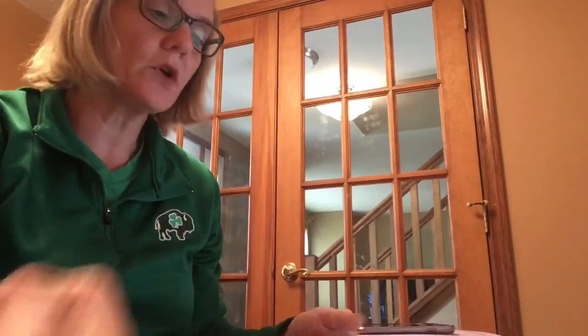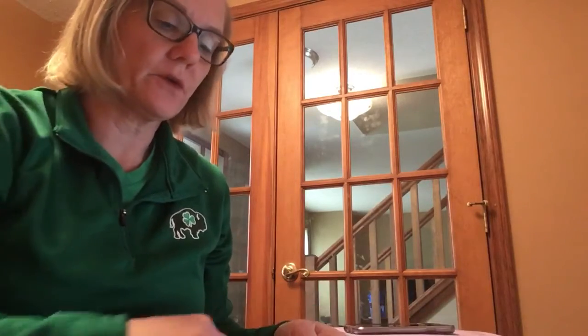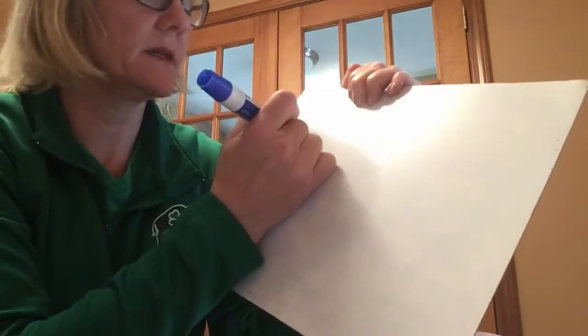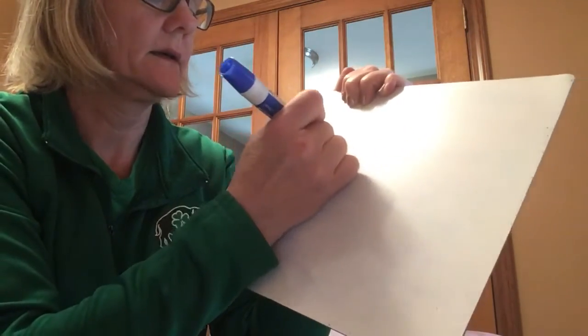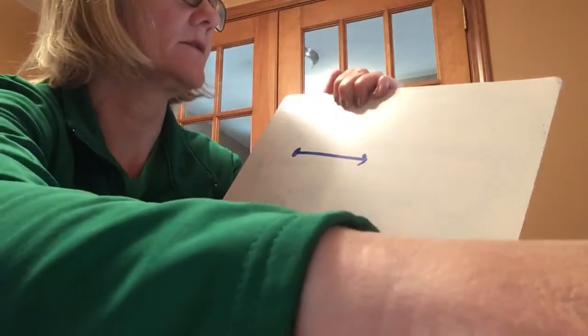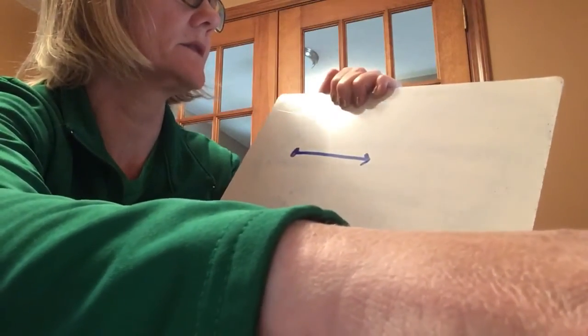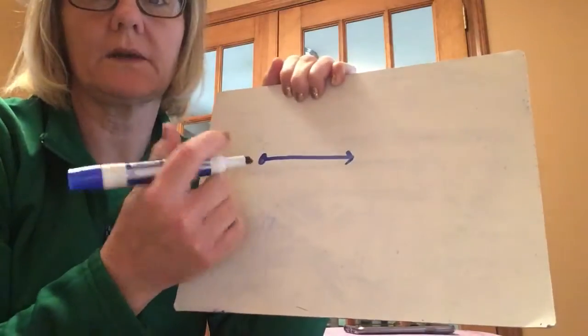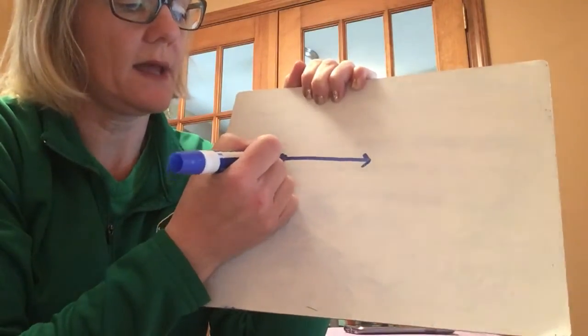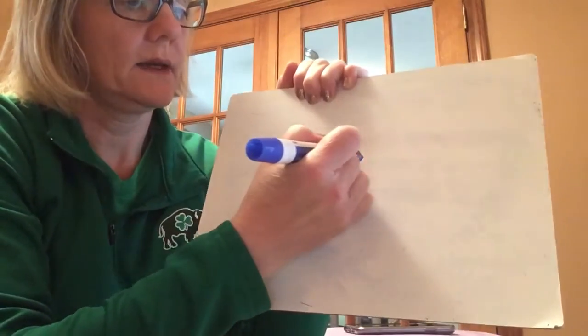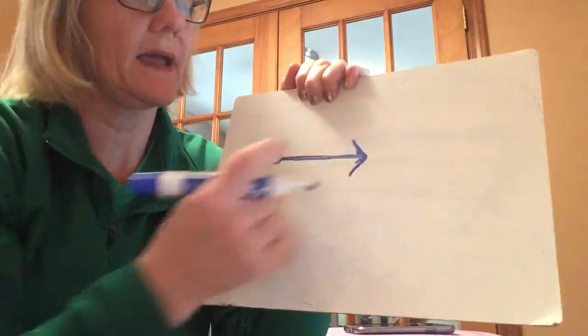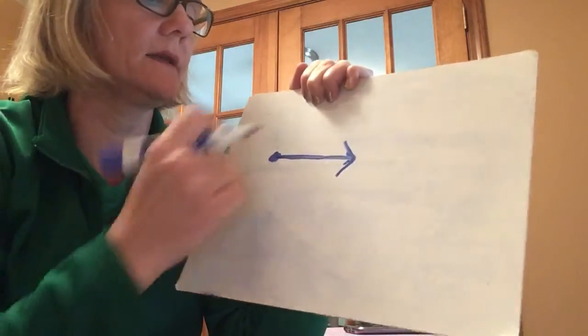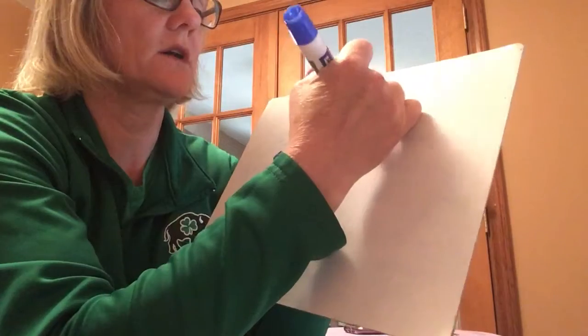And then there's one more type of line that you're going to need to know just for one set of practice sheets. Probably not for your practice and reteaching, but this line here, and I just have to go back here for a second. This one has an endpoint at one end, and then the line is continuous at the other end. And this one is actually called a ray.